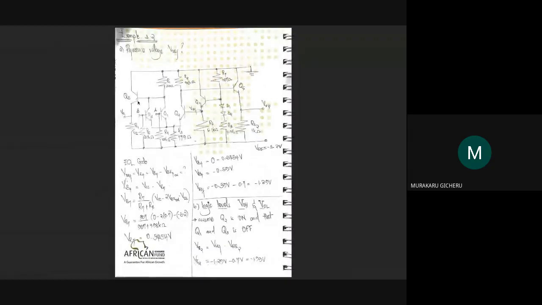So for beta much greater than 1, IC2 will be equal to IE2. And also, we're not entirely sure why this is, but we're assuming it's because of beta being much greater than 1, IC2 will be much greater than IB6, the base current for transistor Q6.